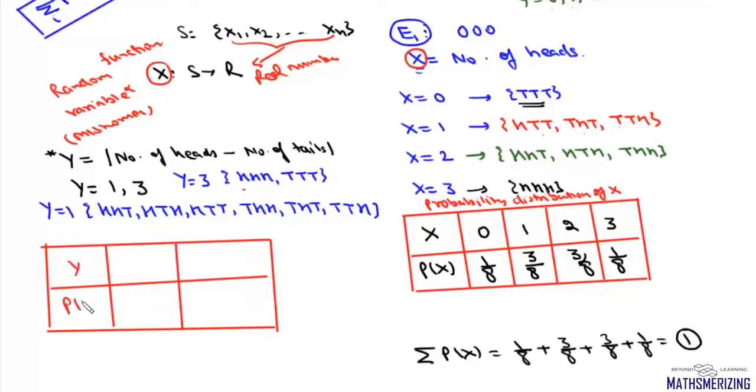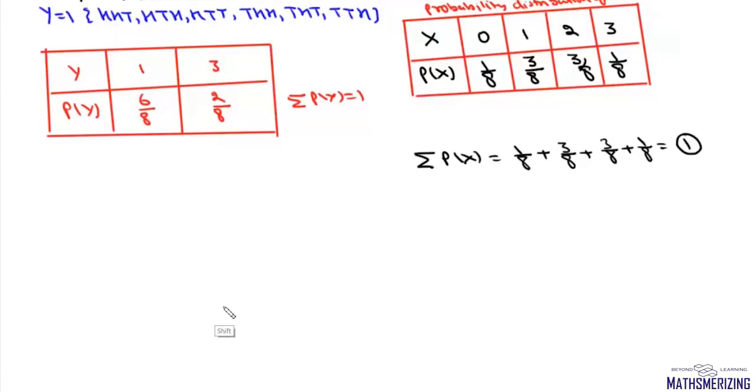So we have y and p(y). Now y can take two values, 1 and 3. Now the probability of getting y equals 1 is 6 by 8, and the probability of getting y equals 3 is 2 by 8, and again the sum of all probabilities is 1. So this is how we define a probability distribution.